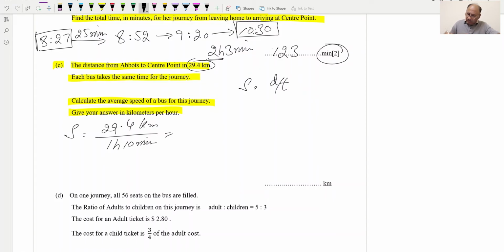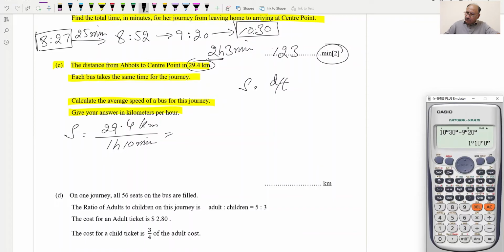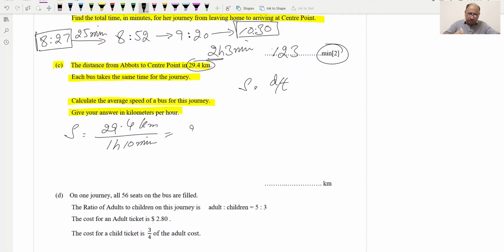And if we divide, how will we be dividing? We'll be taking a fraction. Time calculation we can easily do like this, and write 1 hour and 10 minutes here, and this will be equal to 25.2. This will be the speed, so 25.2 kilometers per hour.